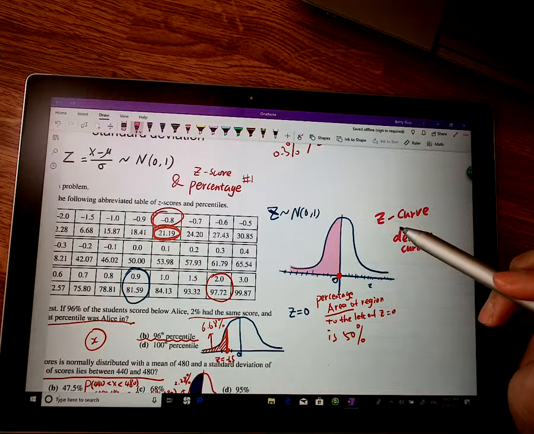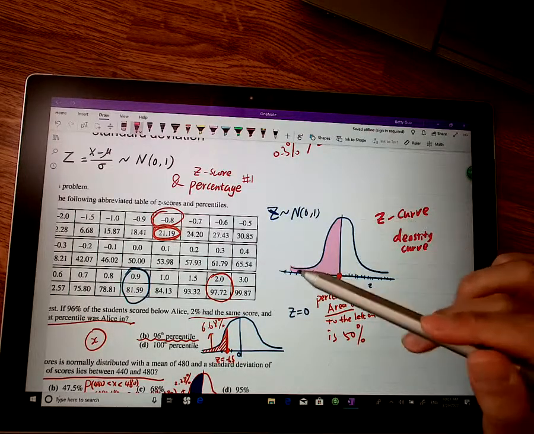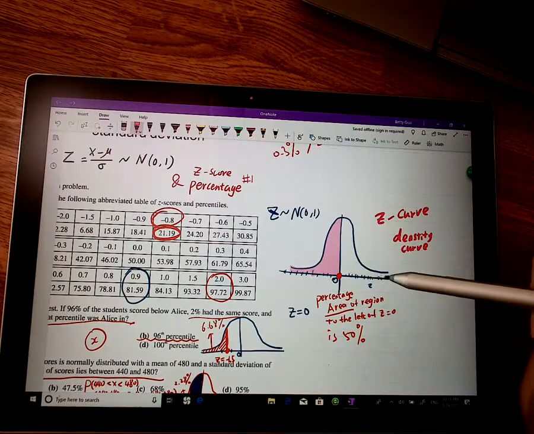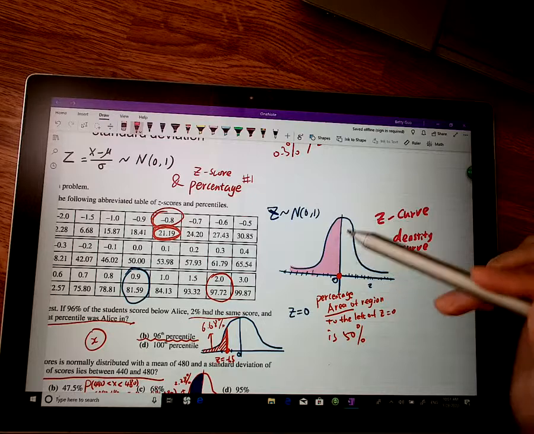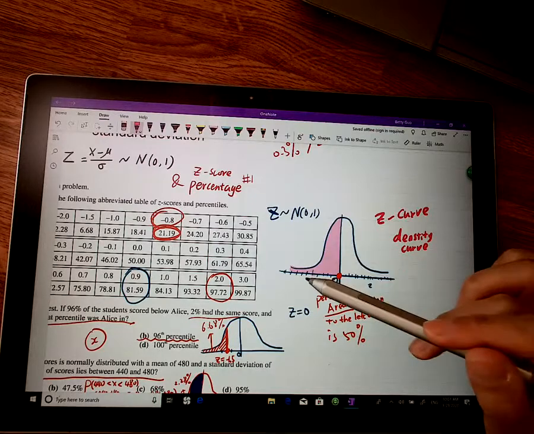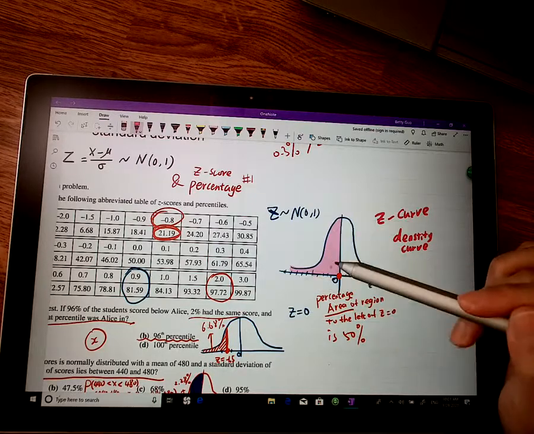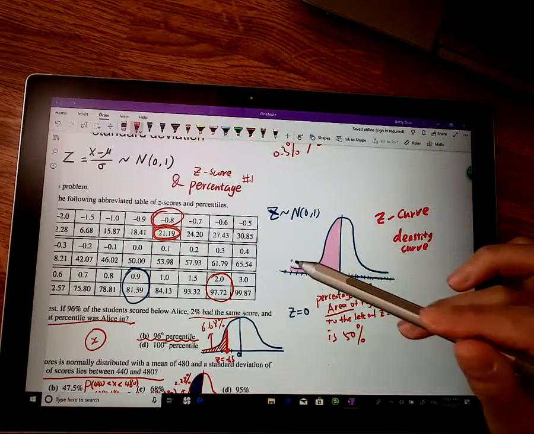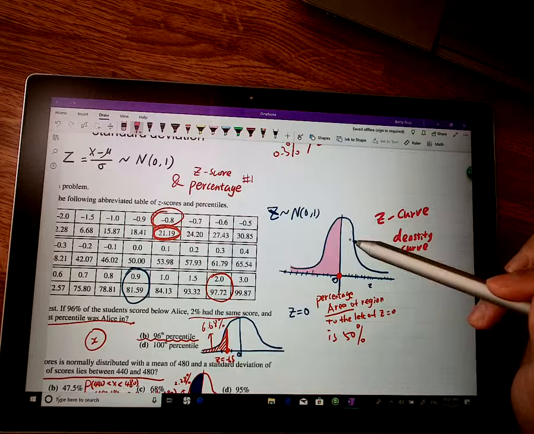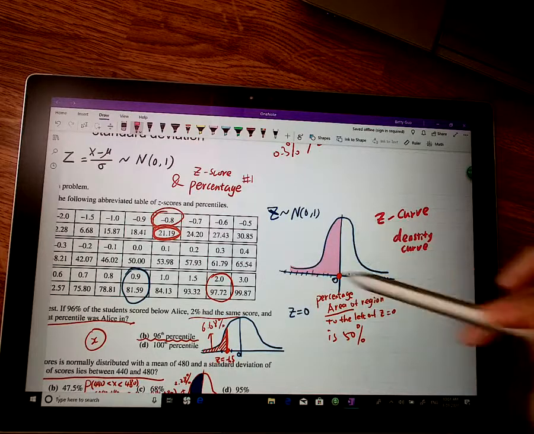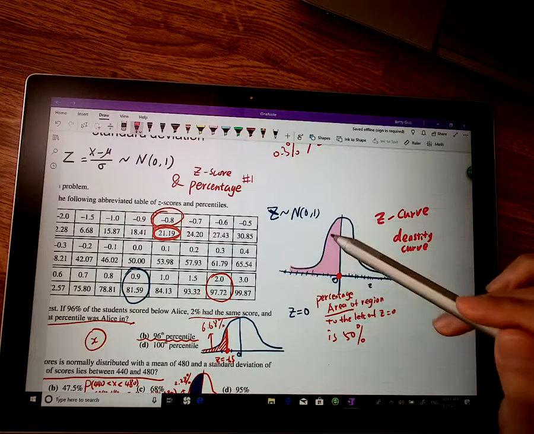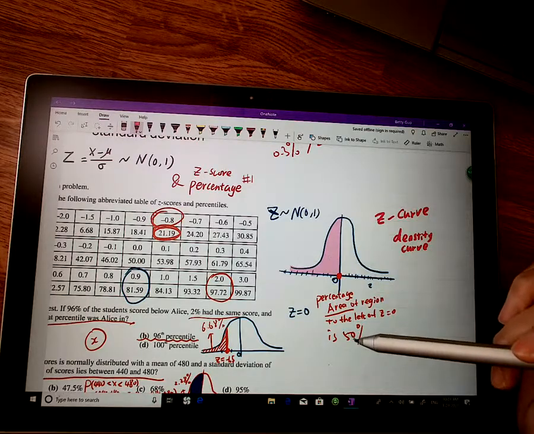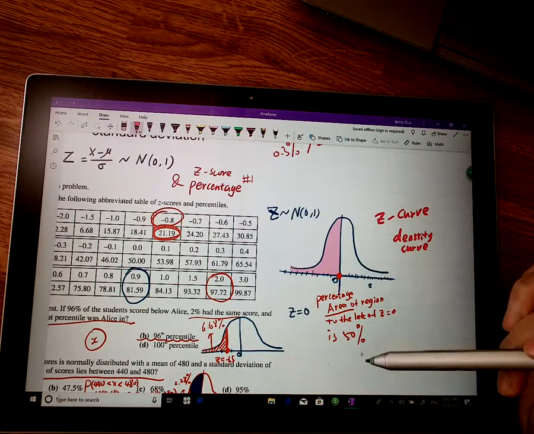One important feature about this curve is the area under the curve and above the x-axis is 1 or 100%. So if you look at the pink region, since the pink region is half of the region enclosed by the curve and the x-axis, the pink region actually has area 50% or half.